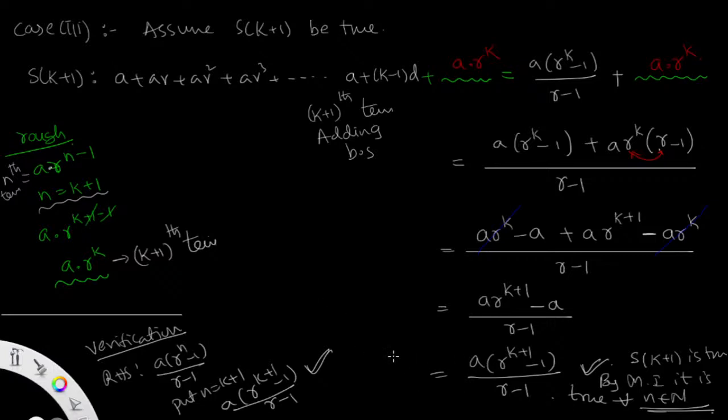Then go to the third question, question number 3. Taking one example, 1 square plus 2 square plus 3 square up to n square, which is equal to n into n plus 1 into 2n plus 1 by 6.